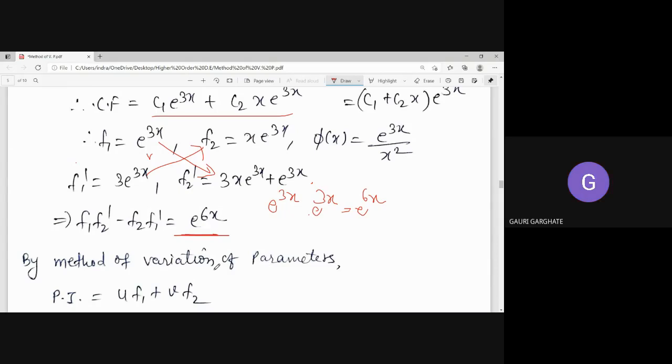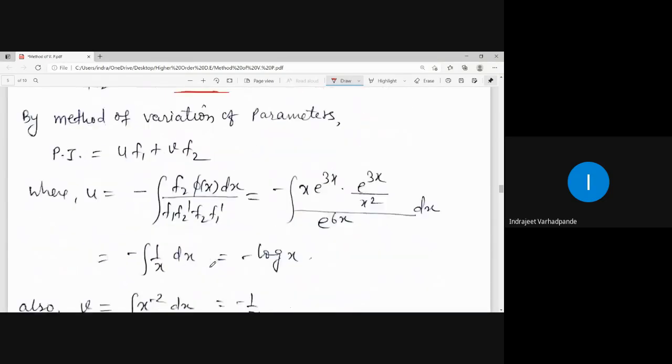Now PI will be given by u F1 plus v F2. u is minus integral of F2 into phi of x dx upon the Wronskian.